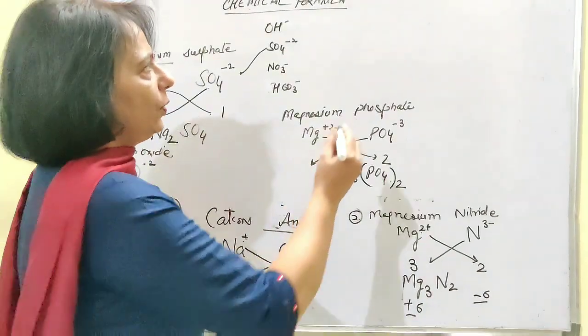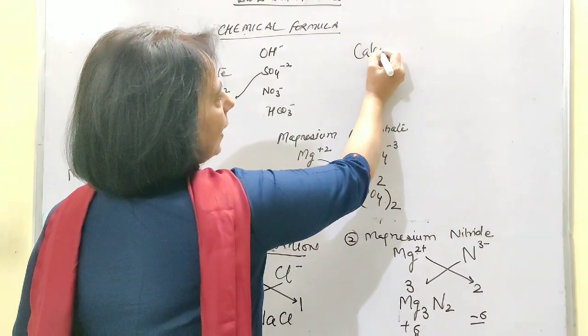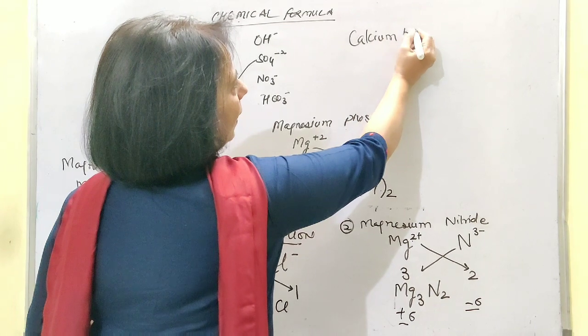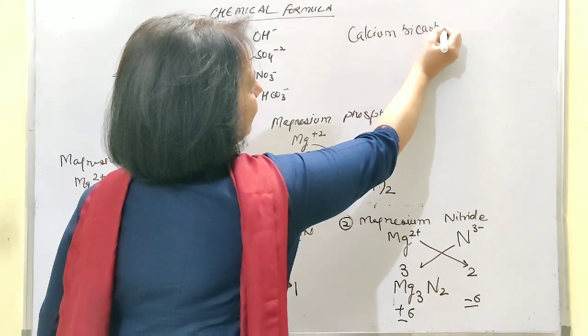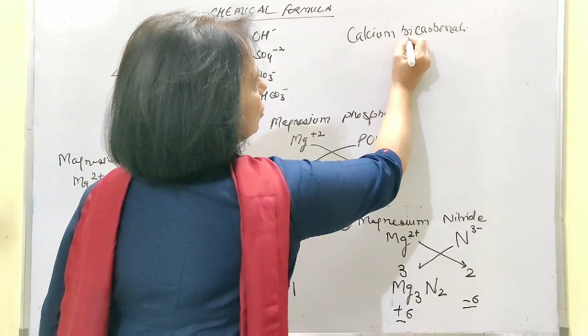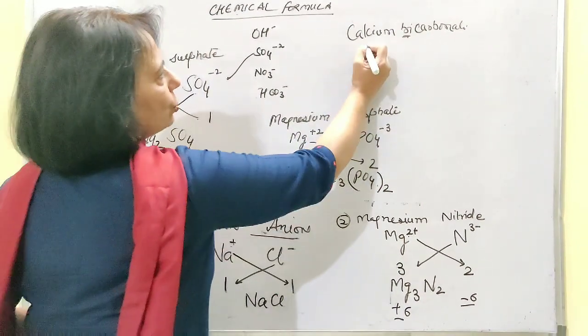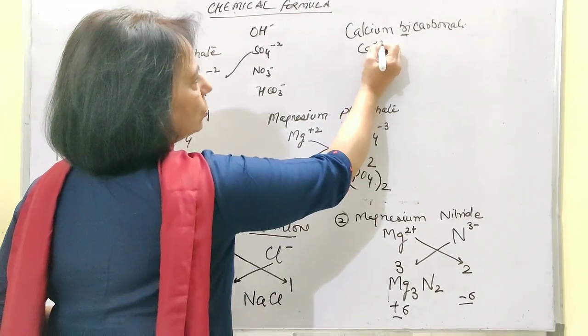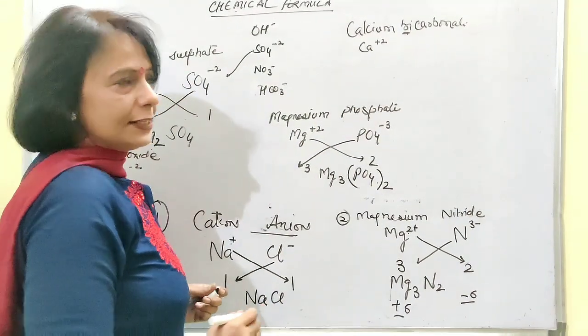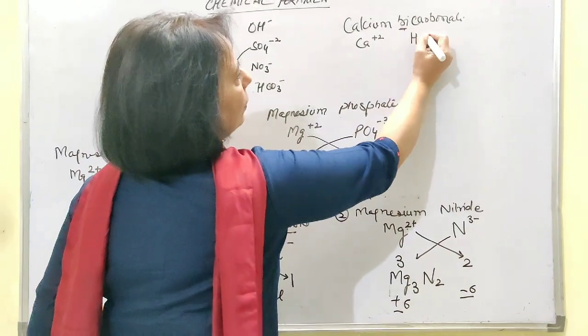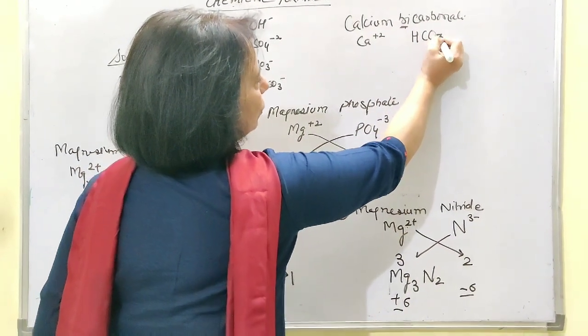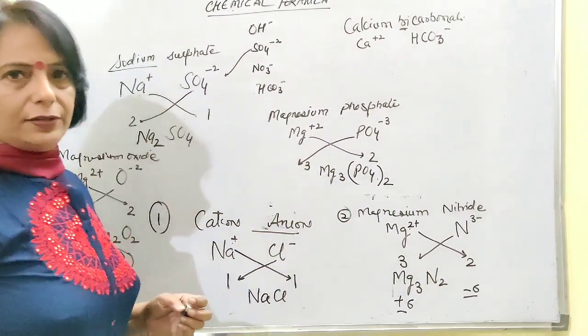In a similar way, you can take one more example, calcium bicarbonate, or we call it calcium hydrogen carbonate. So calcium has valency 2 and bicarbonate is written as HCO3 with 1 negative charge.